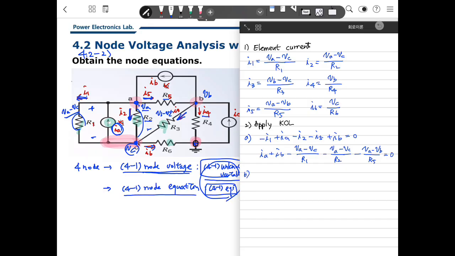And what's the node B? Node B, how many currents are there? 1, 2, 3, 4, 5. So we can choose. First, IB is going out of B, so minus IB. Then I5 is going into B, so plus I5. And I3 is going out of B, so minus I3.